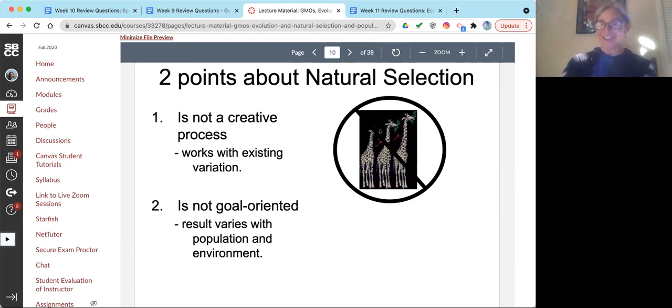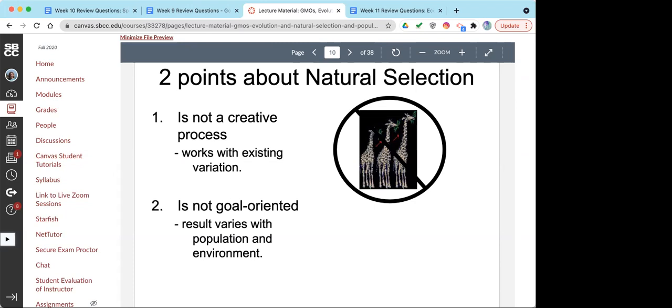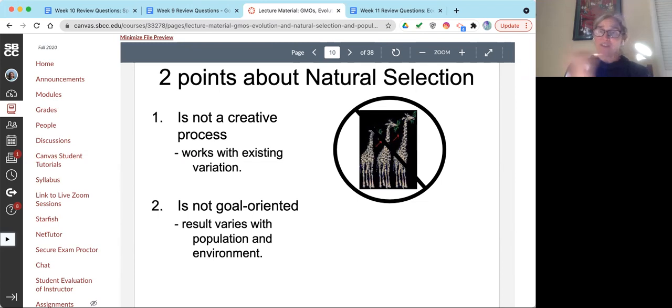So you can't say that there is a perfect trait for a species, because if the environment changes, then the trait that would be good might be a different kind of trait, because it's all within an environmental context. So we sometimes have this idea that evolution over the course of the history of the earth is just this march toward progress. But actually, you have very simple life forms that are thriving on Earth right now.